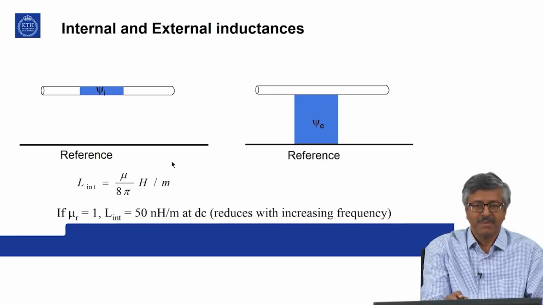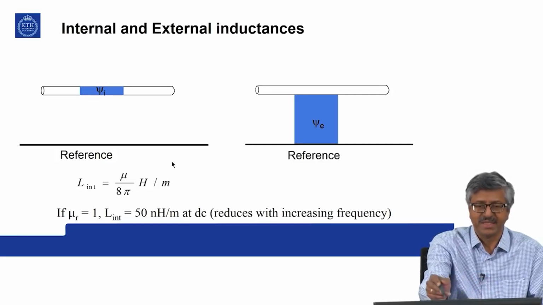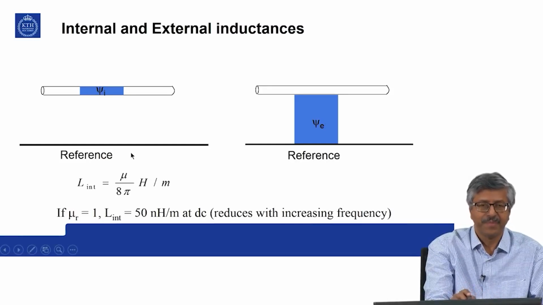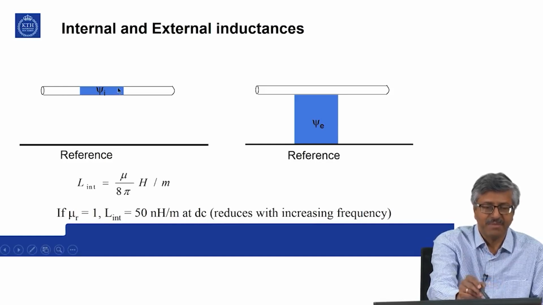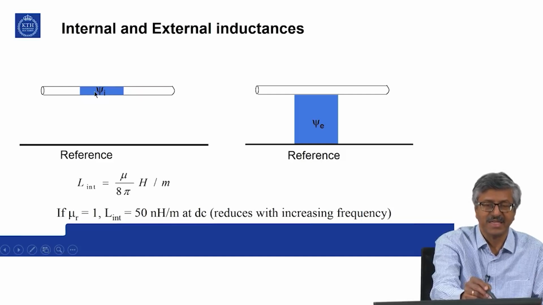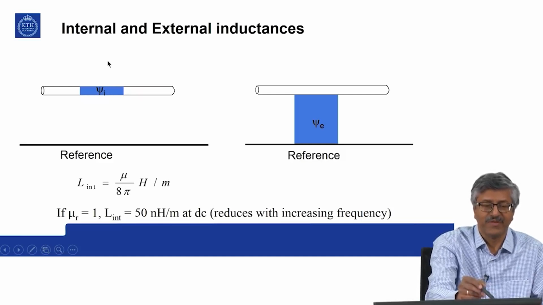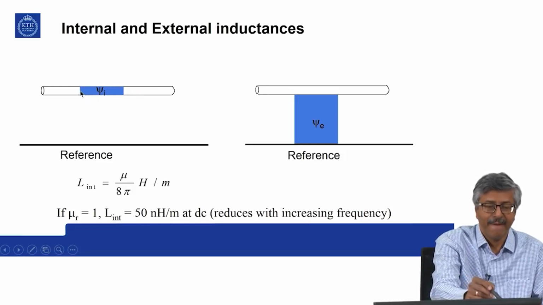Here we describe internal and external inductances. Suppose you have a reference and some current is carried by this conductor, and this current sets up a field inside this conductor. So, the whole flux is inside. You just ignore all the flux outside now.